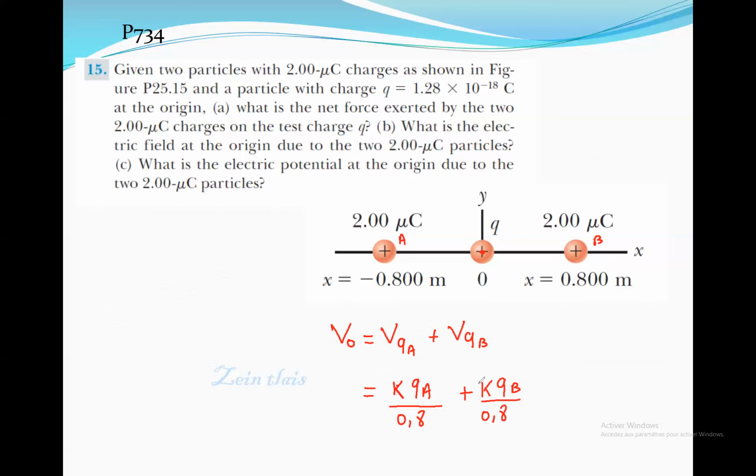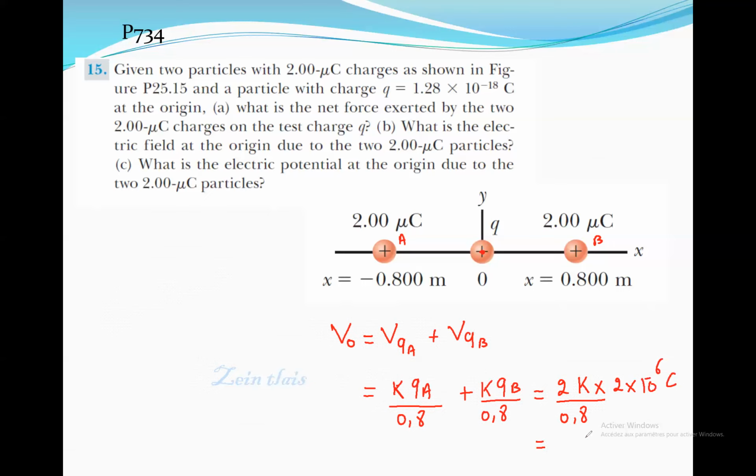QA equals QB, so we can write 2K divided by 0.8 times the charge, which equals 2 times 10 to the minus 6 coulomb.